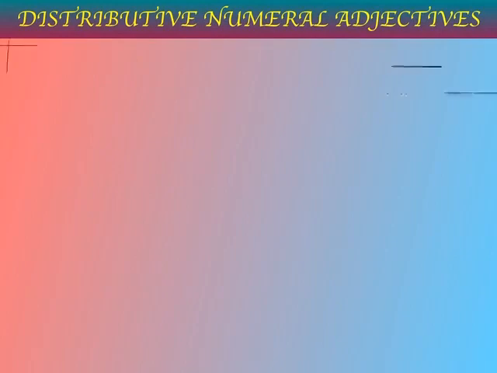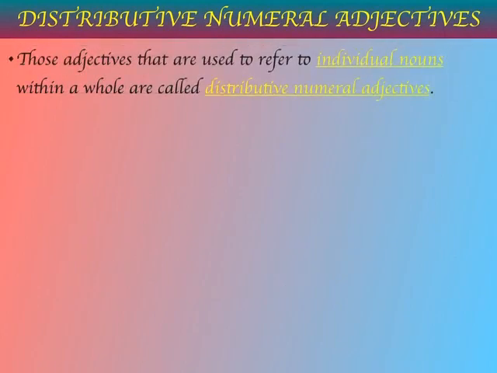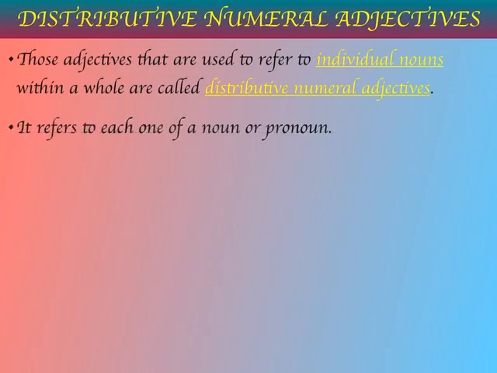Now, what is a distributive numeral adjective? Those adjectives that are used to refer to individual nouns within a whole are called distributive numeral adjectives. That means these adjectives refer to each and every person in the group. So, although it is referring to a singular person, they are talking about the whole class; it refers to each one of a noun or pronoun.